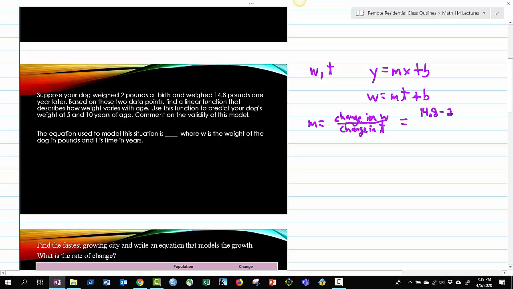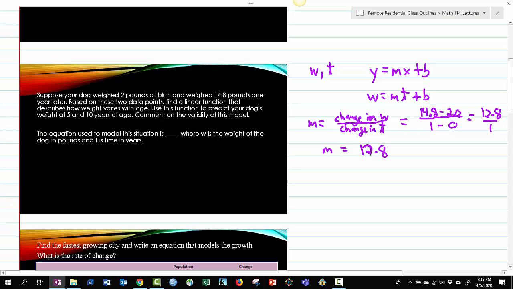Starting value is 2.0. And T is after 1 year, and we start at 0 years, right? 1 minus 0. What we get from this is 12.8 over 1, or m, our slope, is 12.8.